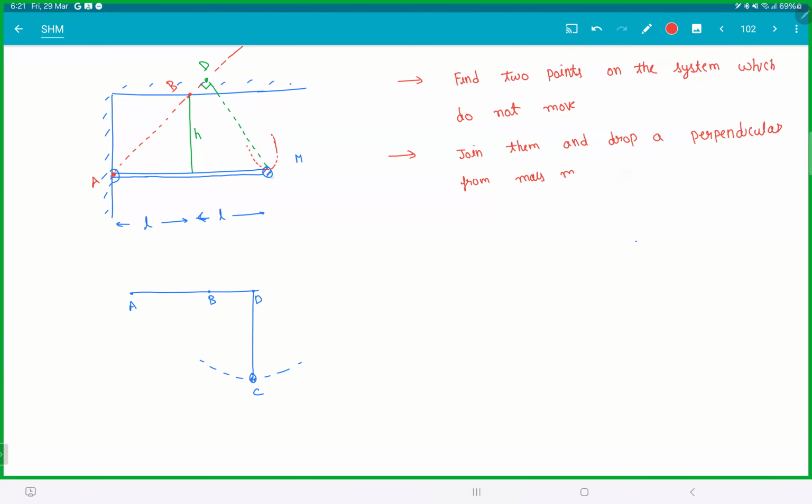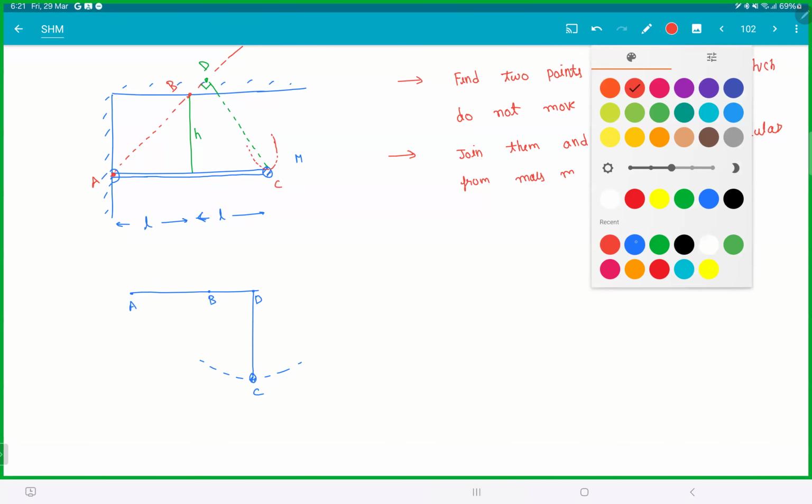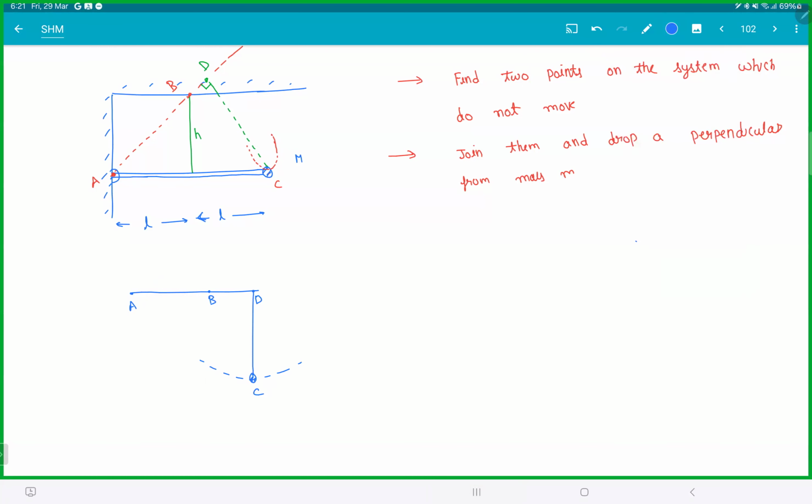Let's call this point C. So we observe the pendulum behaves as if it is a simple pendulum oscillating about point D. Does that make sense?